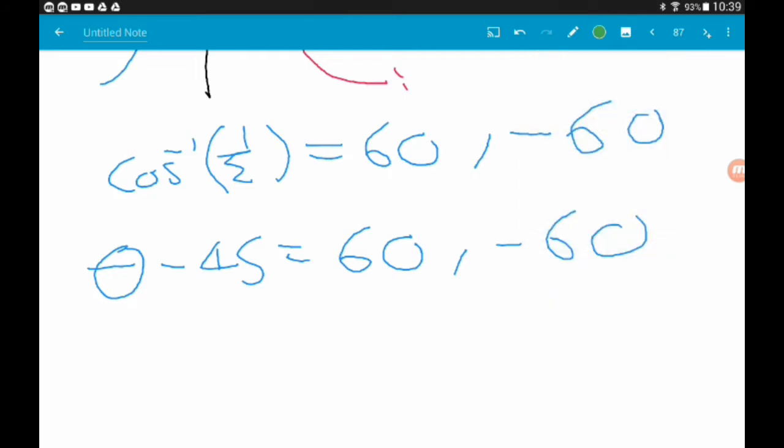If we then add 45 to both solutions, 60 add 45 is 105, and then minus 60 add 45 is minus 15. So there are our solutions.